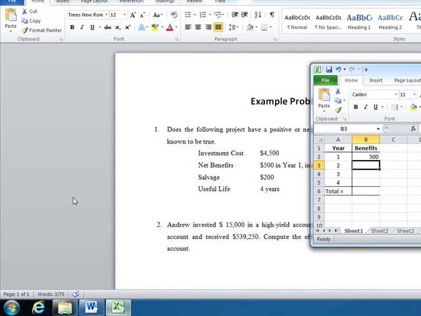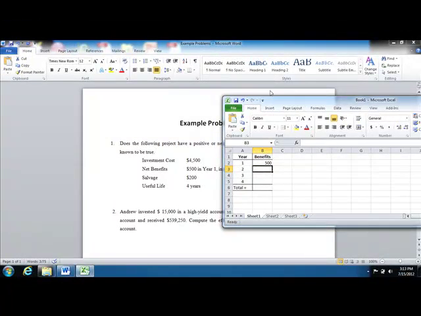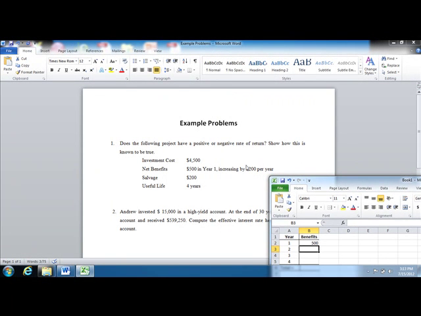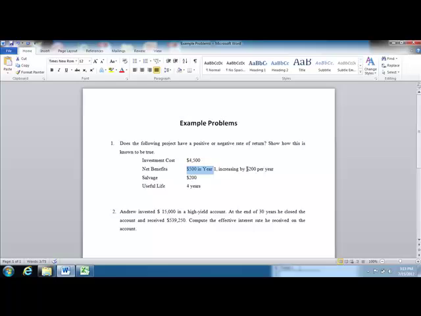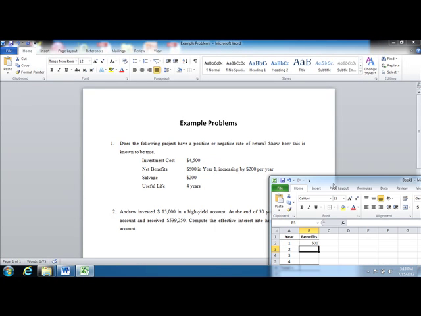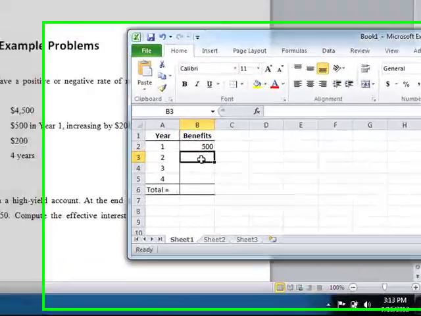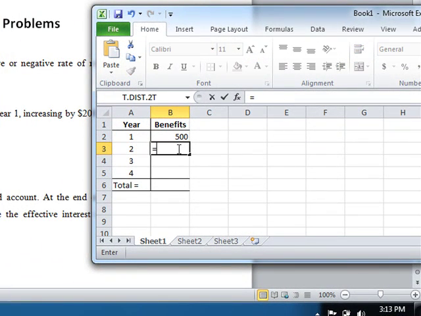Then according to the problem statement, every year the profit or the benefit increases by $200. So what we can do is enter a formula here, equal to 500 (I clicked on that particular cell) plus 200, that's 700.